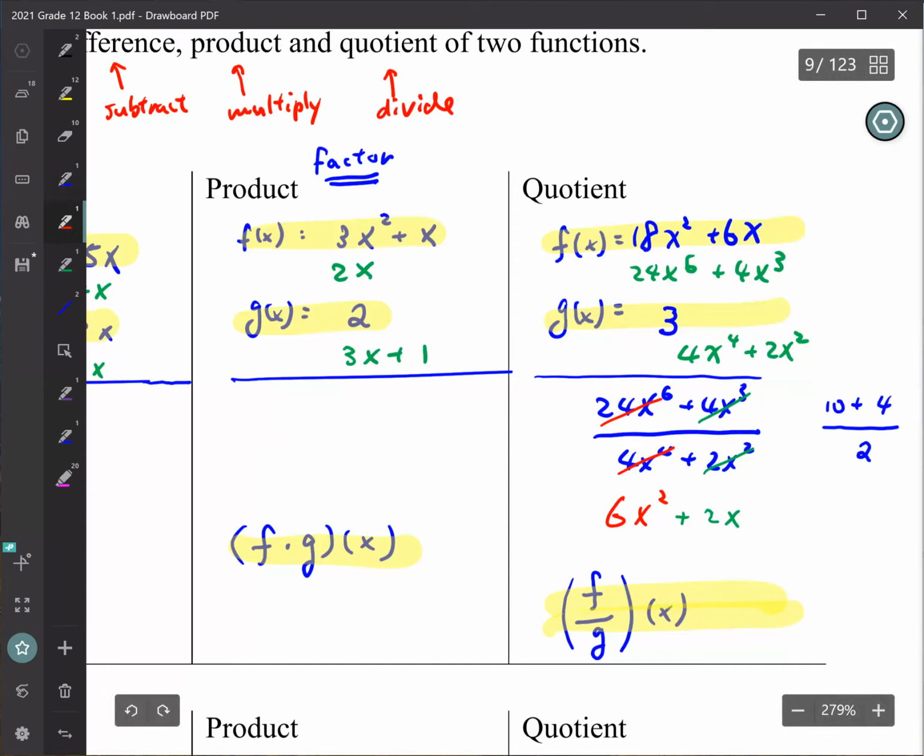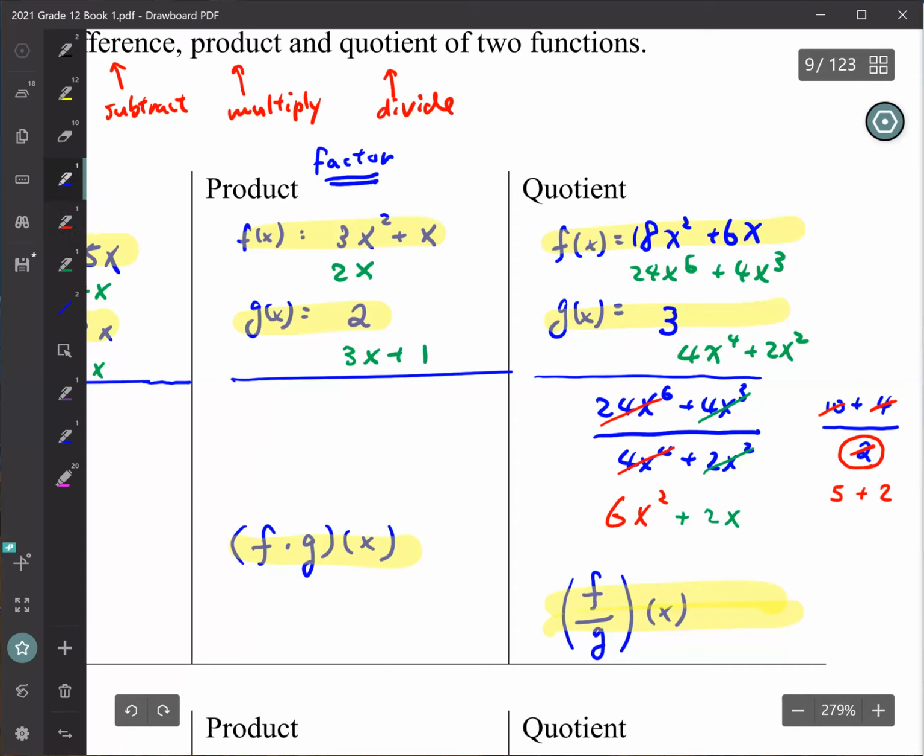Can I divide each one, both of them, by 2? Let's try. 10 divided by 2, what's that? 5. And 4 divided by 2? 2. Can I add them up? What do you get? 7. So it's okay if you have one term at the bottom.